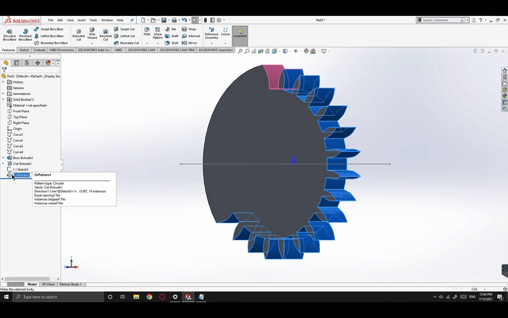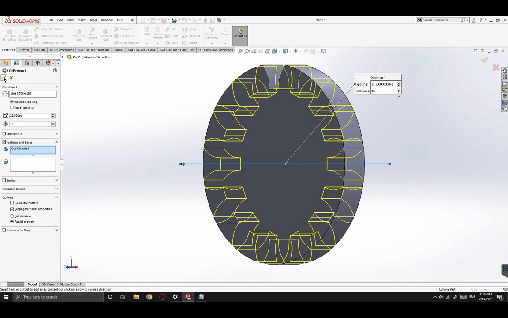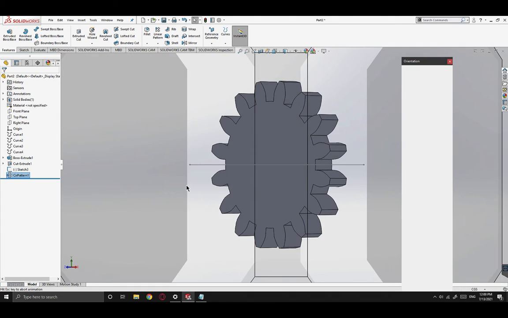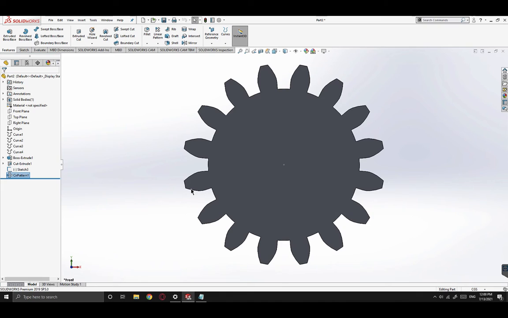Since we have 360 degrees divided by 16, it will be 22.5. Done. And by this we have created our gear in the most hopefully correct way possible.